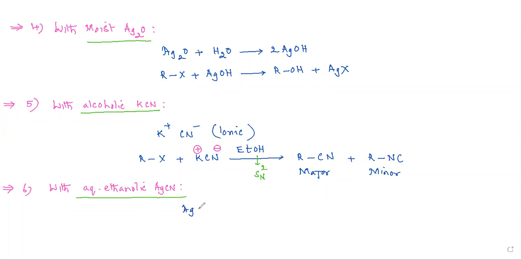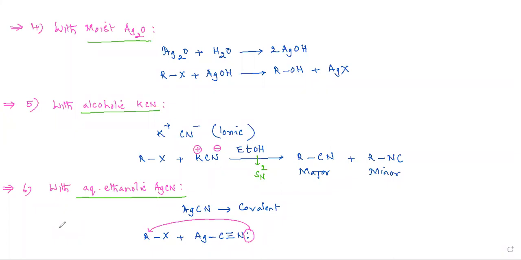Silver cyanide is covalent. Okay. It can actually be given as RX plus AgCN. Now this is what is going to attack.